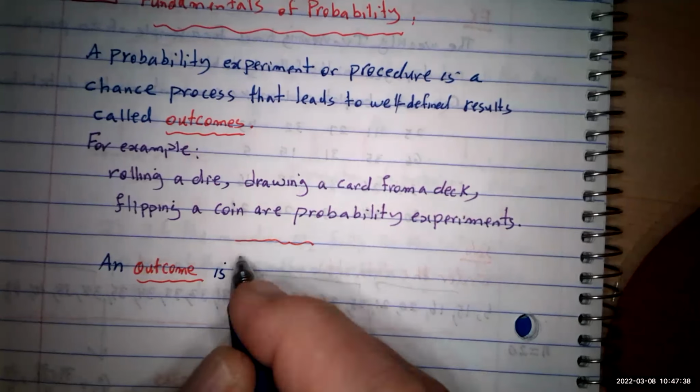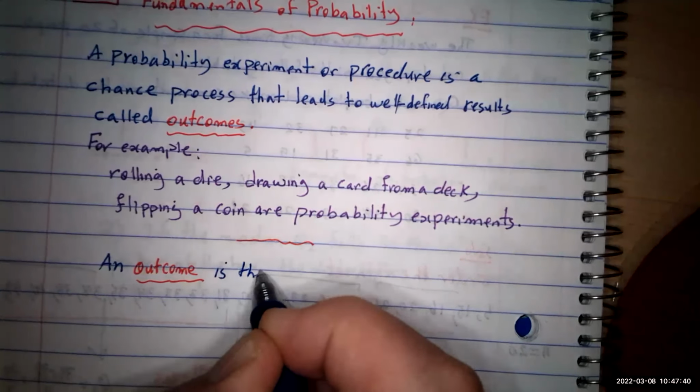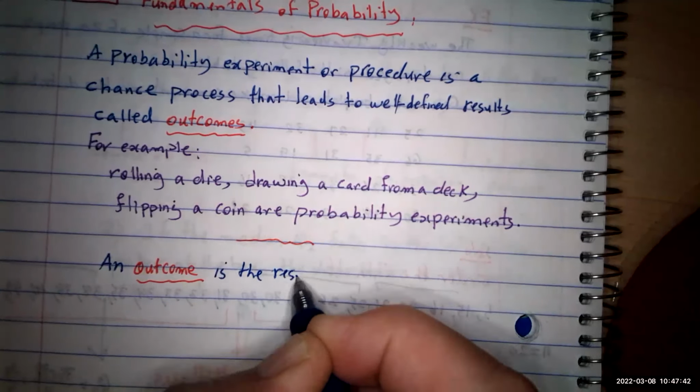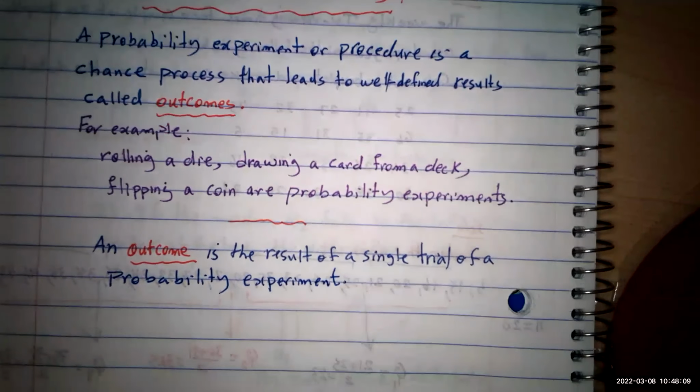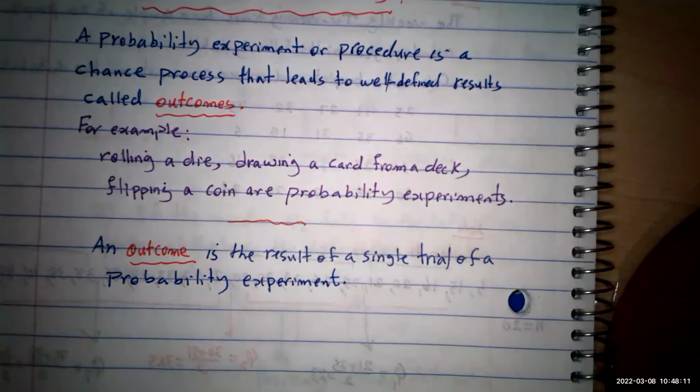Okay, it's going to be the result of a single trial, single repetition, if you like, of an action. A single trial of a probability experiment. As we talk about, tossing a coin, the outcome is going to be head or tail.